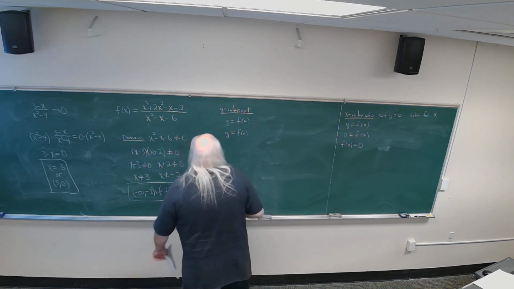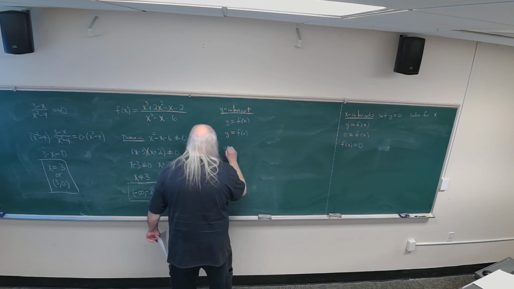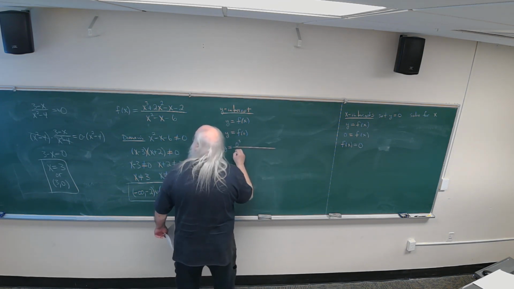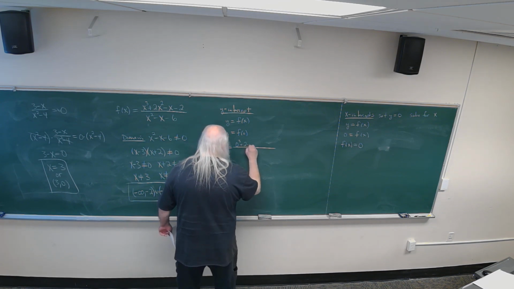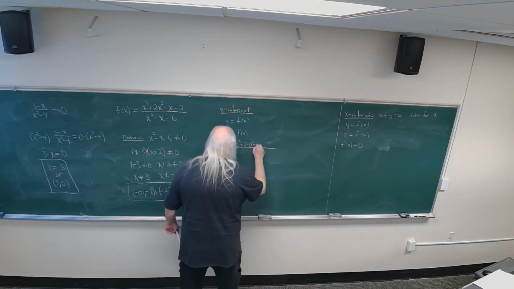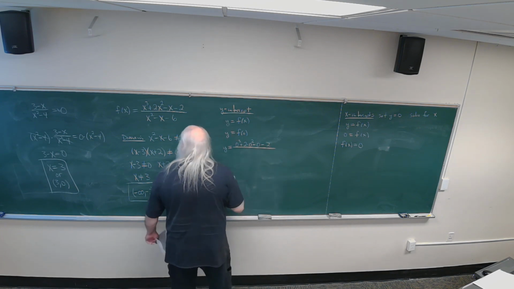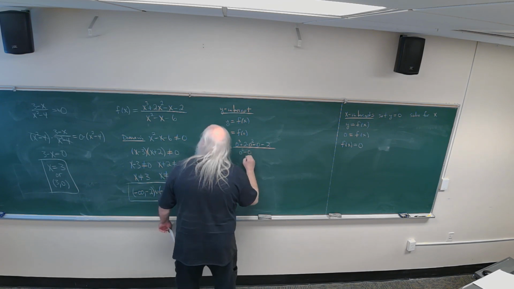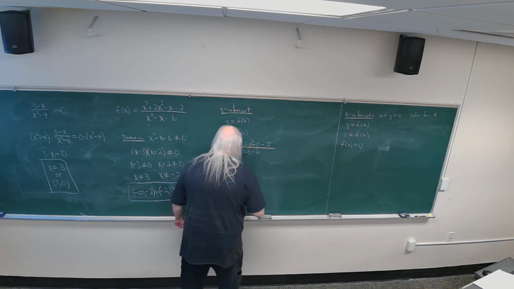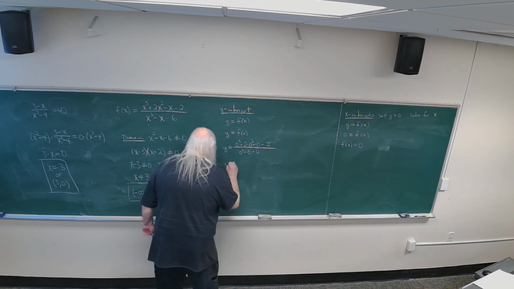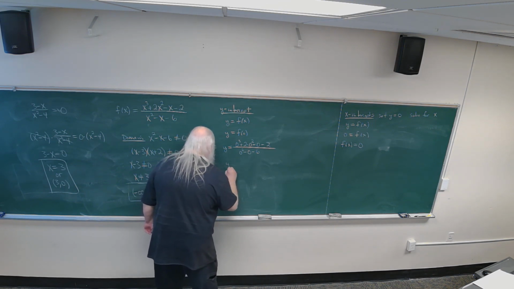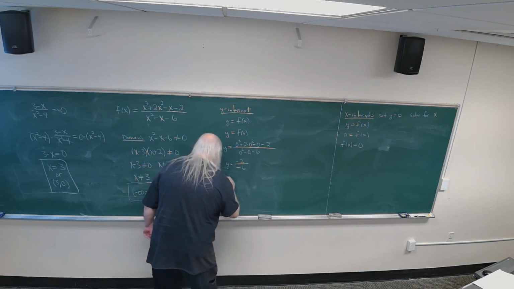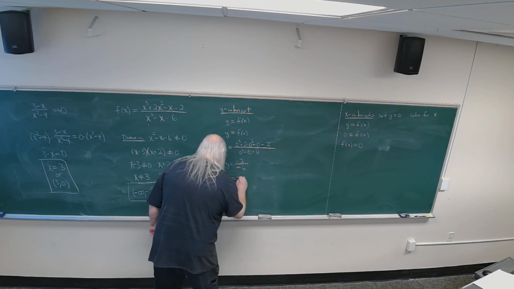Okay. So f of 0 is equal to 0 cubed plus 2 times 0 squared minus 0 minus 2. In the denominator, we have 0 squared minus 0 minus 6. And so you end up with y is equal to -2 over -6, or y is equal to 1/3.